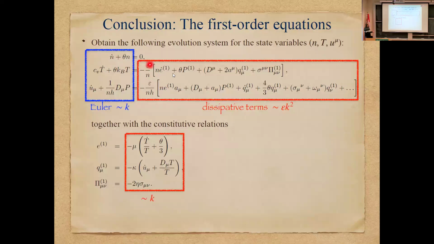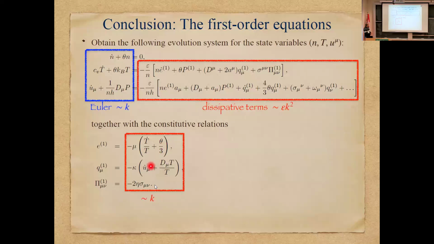Then you have these dissipative terms, which depend on the corrections E1, P1, Q mu, and pi 1. These are the dissipative terms, and they're of the order of epsilon k squared. Within the hydrodynamic approximation, epsilon k is much smaller than 1, so these are correction terms.